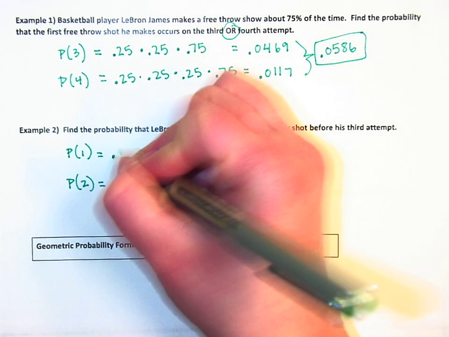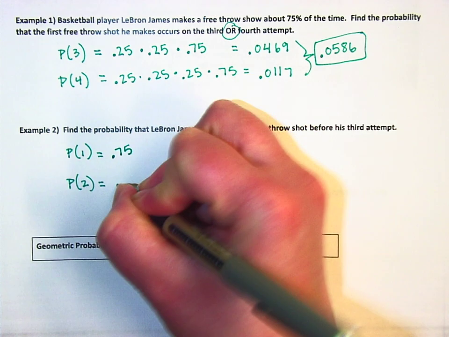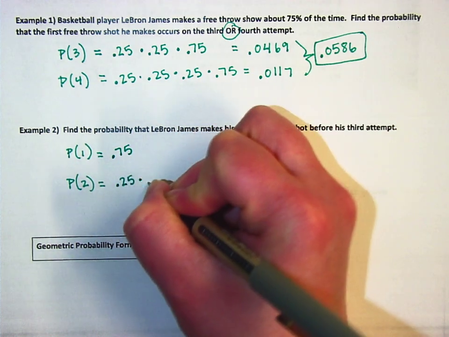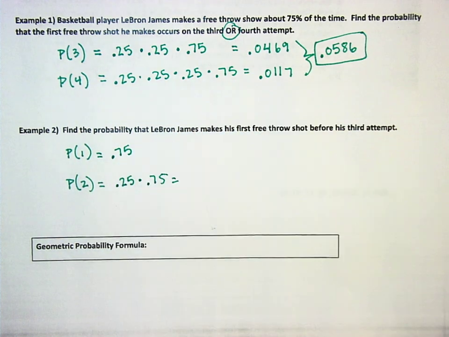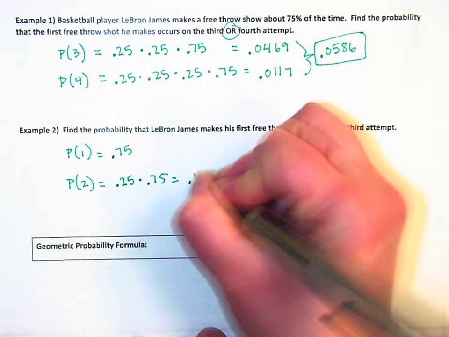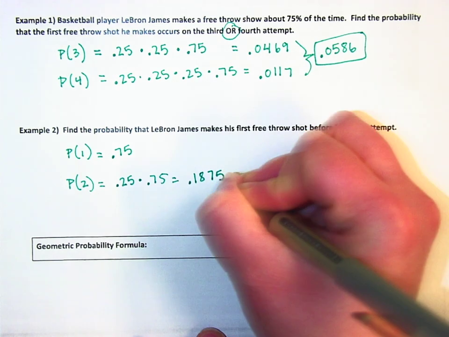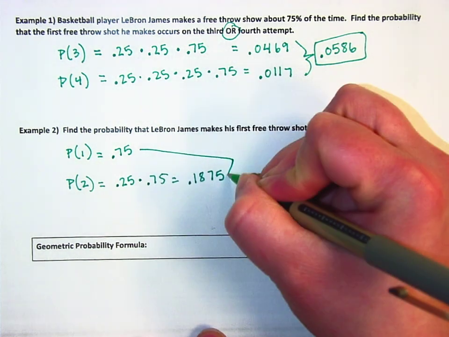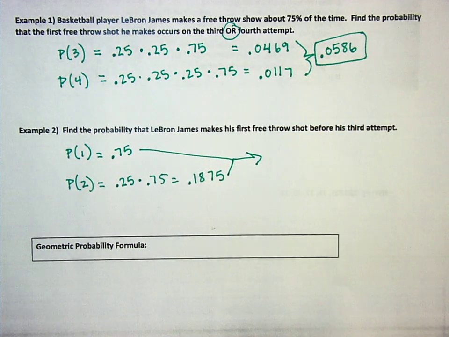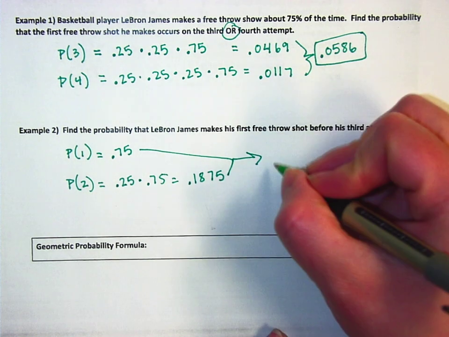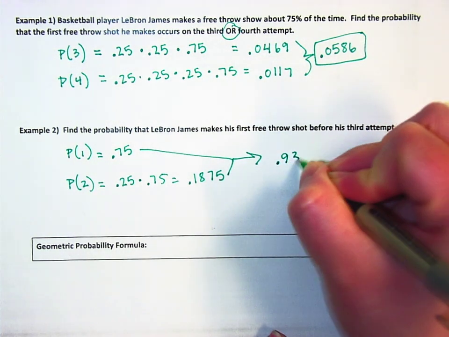His first attempt is simply 75%, and his second one is 0.25 times 0.75. If I add these together, I get 0.9375.